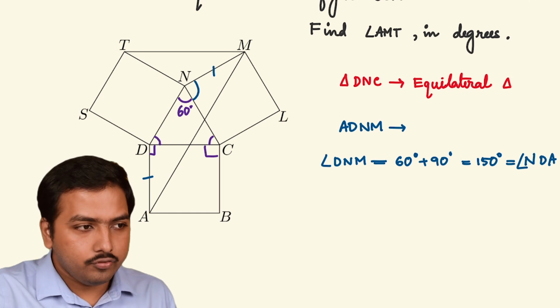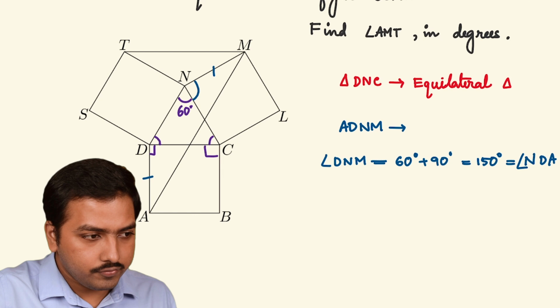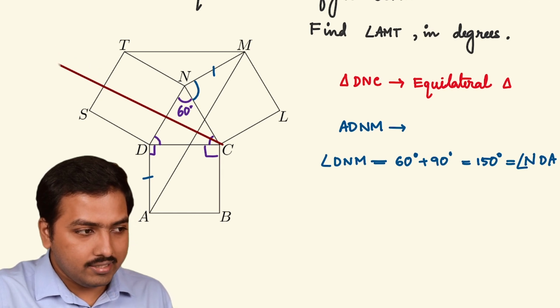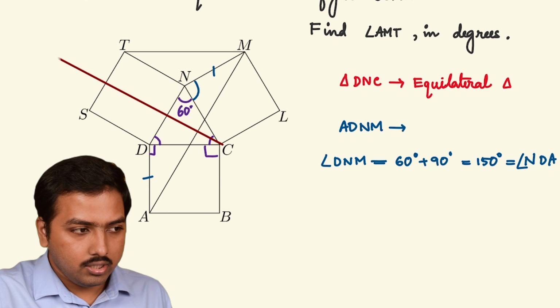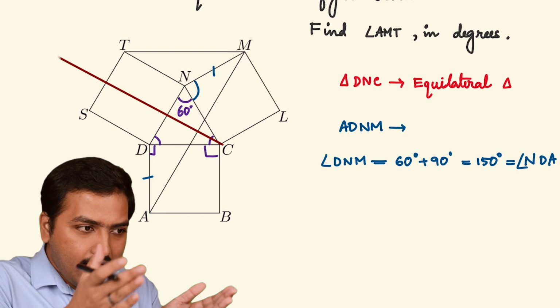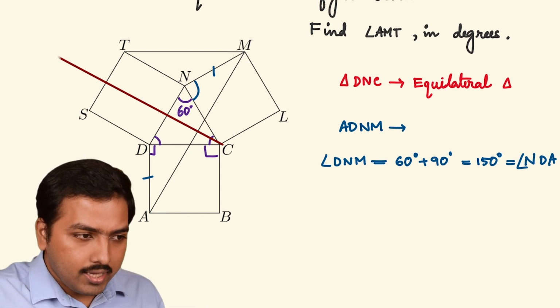On the other hand, if we try to draw the angle bisector of C in the triangle, it would look like this. Now if you look properly, this is actually the line of symmetry for the quadrilateral.